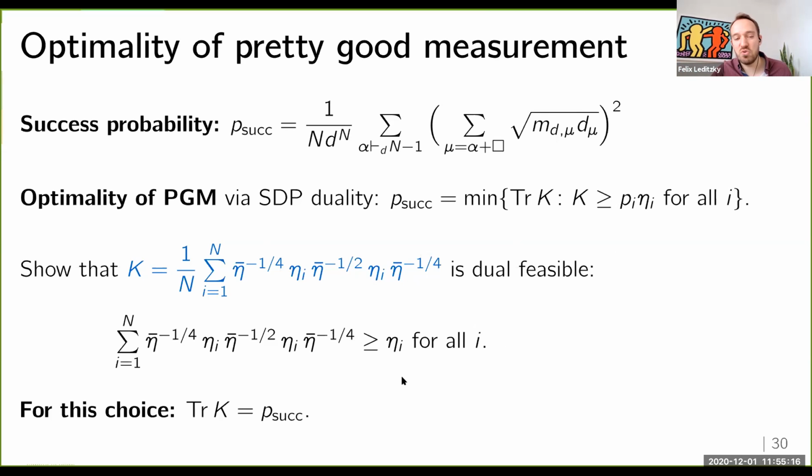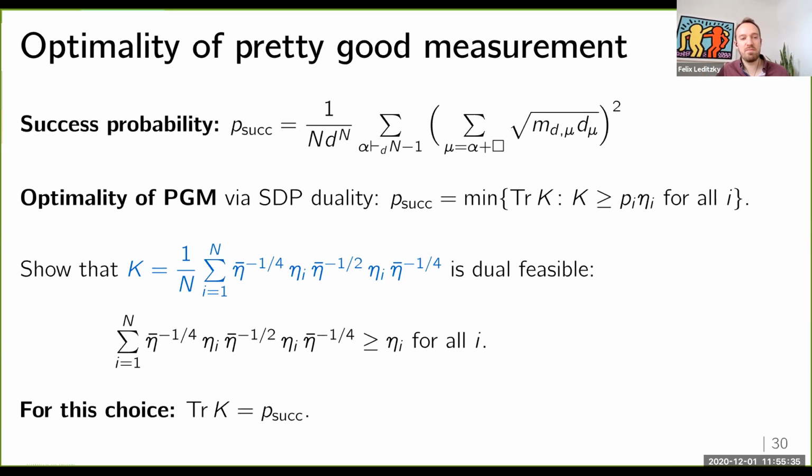You can again show this using the nice structure you have for the eta states. You can use the block structure you get from representation theory to make sure that this relation is satisfied for each i. Again, I will not go through the details. You can find those in the paper.